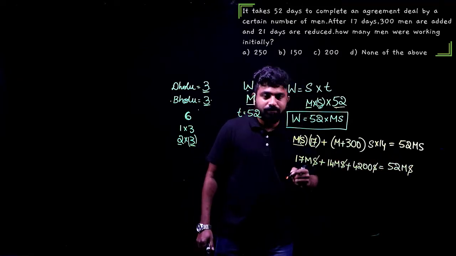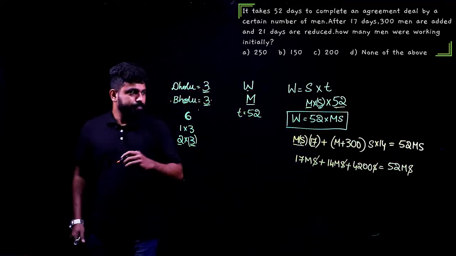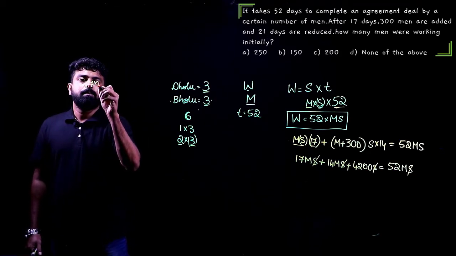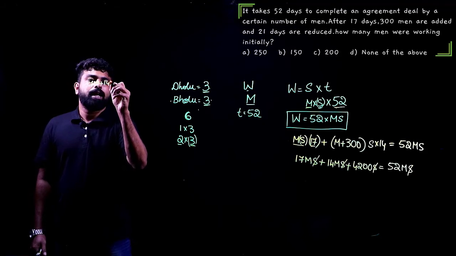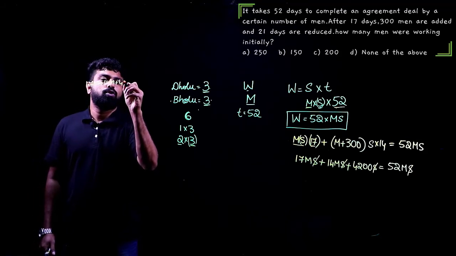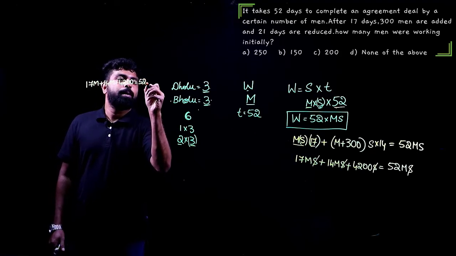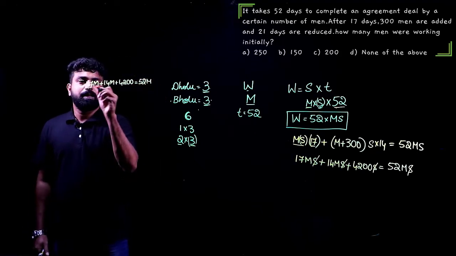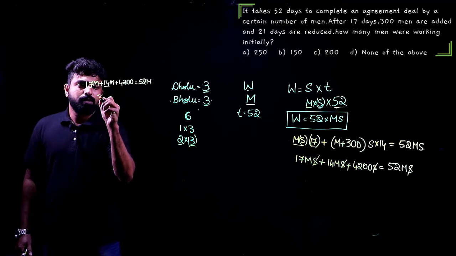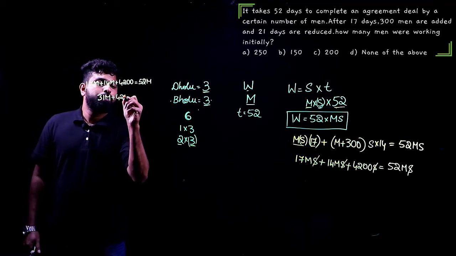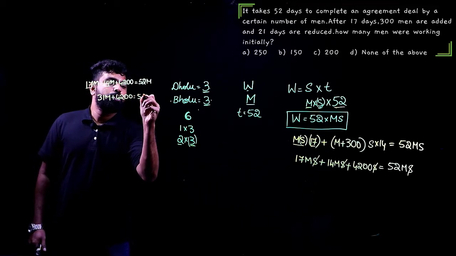So finally, I will be left with 17m plus 14m plus 4200, which will be equal to 52m. So 17 plus 14 is 31. 31m plus 4200 will be equal to 52m.